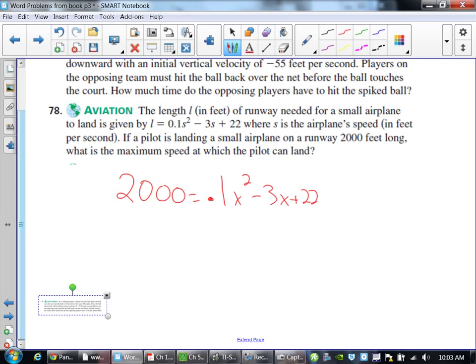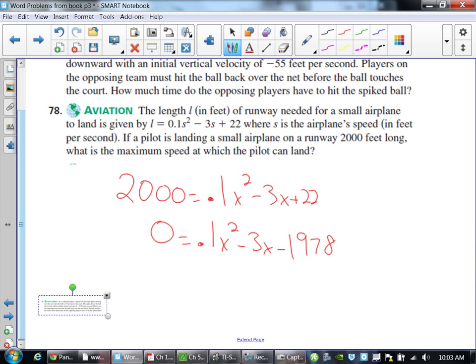What you want to do is find the maximum speed. So set that equal to 0 by moving the 2,000 over. You get that, right?